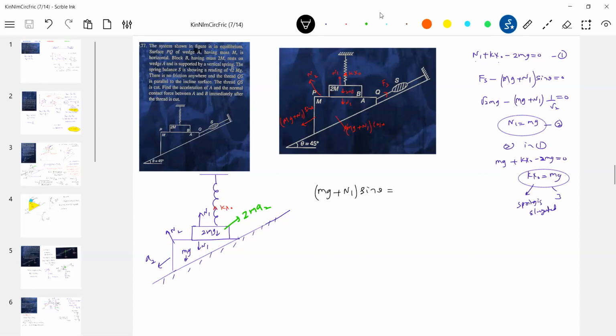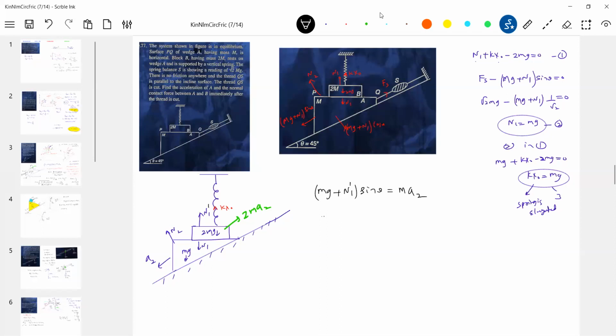Equal to, I feel, yeah. MA2, I'll write it. Okay, we don't know this. I'll write N1 dash. Now it is a new thing.